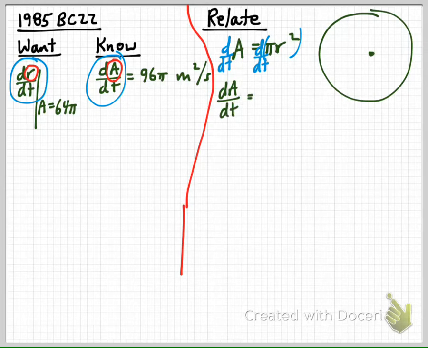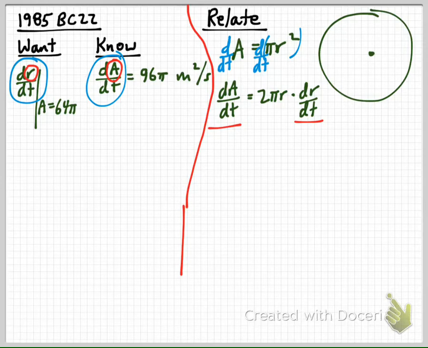Well, in the last problem we did the derivative of pi r squared, or some form of that, and we know that the derivative of pi r squared is 2 pi r multiplied by dR/dt. Remember when I said that related rate problems have safety nets? Well, again, that's one of them, where you want the dR/dt and you know the dA/dt. Well, you better get a dA/dt and a dR/dt in this new equation once you differentiate.